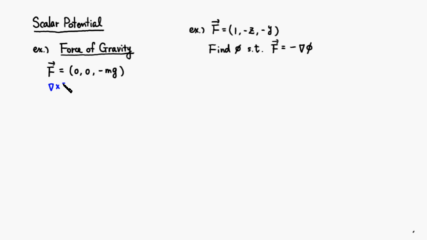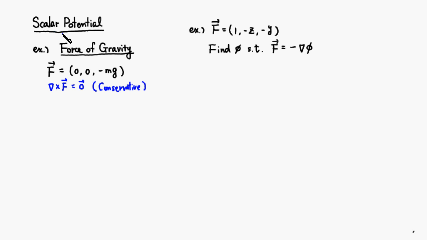If you take the curl of this, it's going to be 0, which tells you that this field is conservative. When you have a conservative field, there's something called a scalar potential we can find for this particular force field. So let's try to find that.